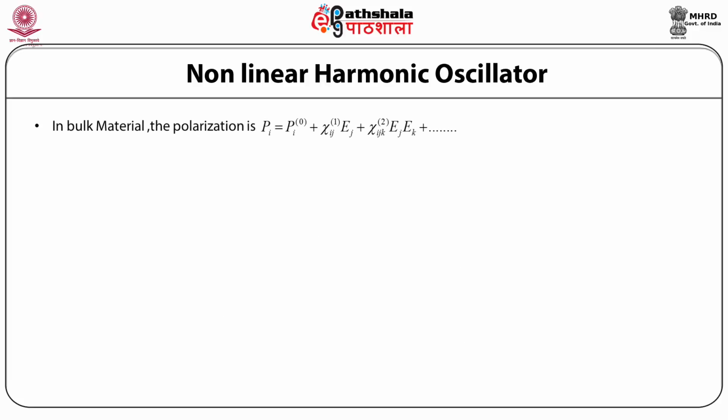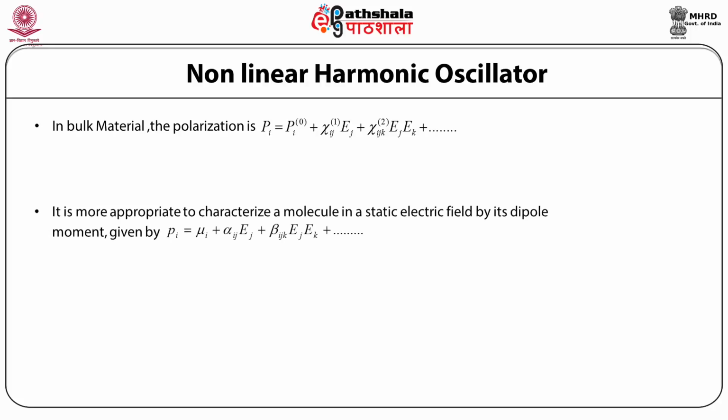In bulk material, the polarization is given by P subscript i is equal to Pi0 plus chi ij1 Ej plus chi 2 ijk Ej Ek plus the higher order terms, where Pi is the electric dipole moment per unit volume. For a molecule, the quantum description of volume is not a well-defined concept.